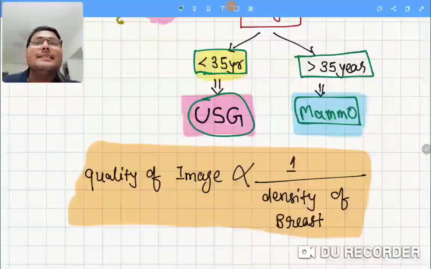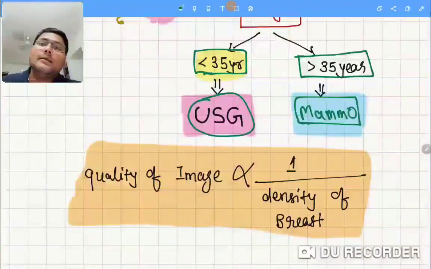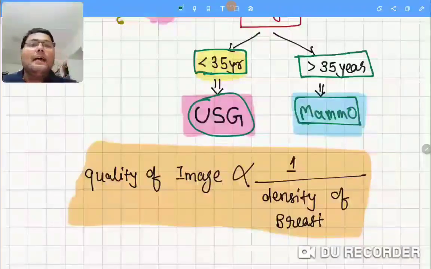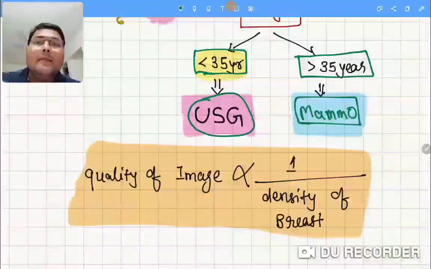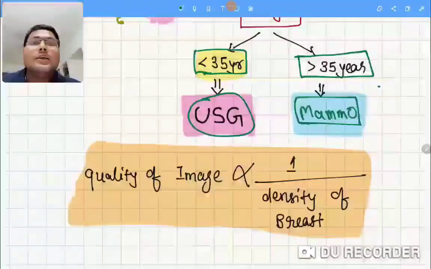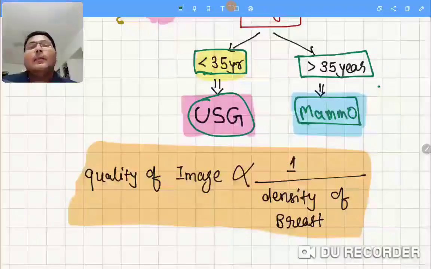It changes the density of the breast, and it gives a false positive or a false negative result by mammography in a younger patient, right? Near the age of 35, many patients go towards menopause. The mean age of menopause is around 45 years. So more than 35 years of age is nearer to the menopause of a particular female.